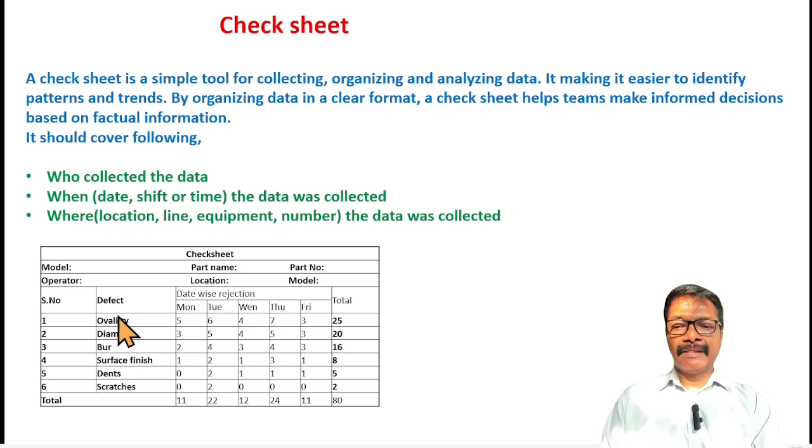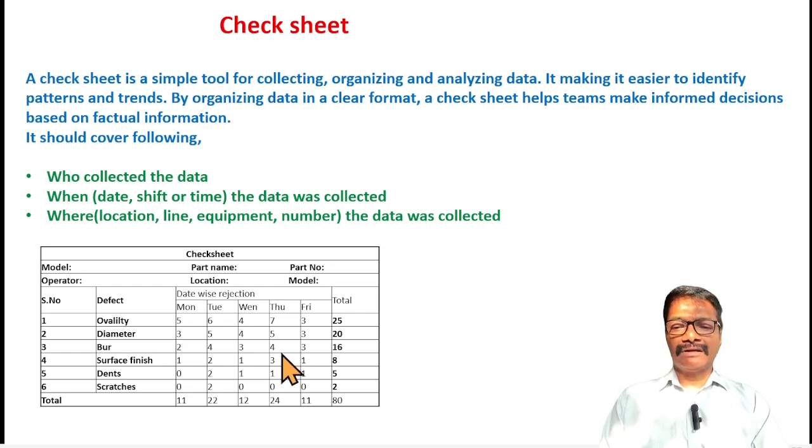Here you can see the major contributor is the ovality, second is the diameter. So such kind of primary analysis can be made by effective use of the check sheet. Now you can put the effort into this particular defect and you can eliminate the root cause and eliminate the defect.